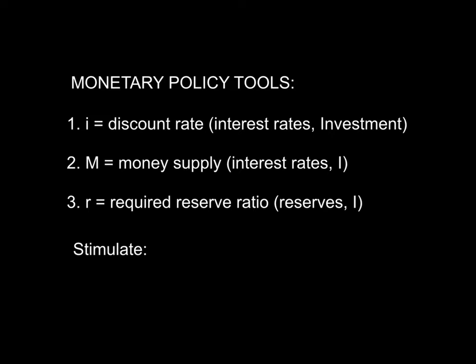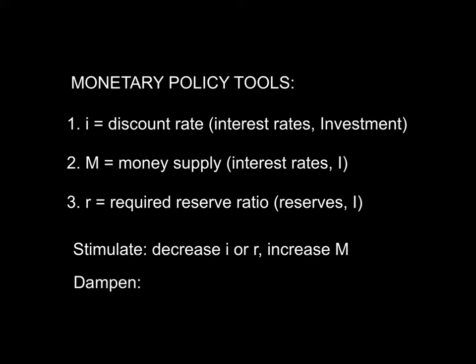So in any of these situations, what we would do is either decrease the discount rate, increase the money supply, or decrease the reserve ratio. So again, we would either decrease I or R or increase M. Of course, you could also use a combination of these.